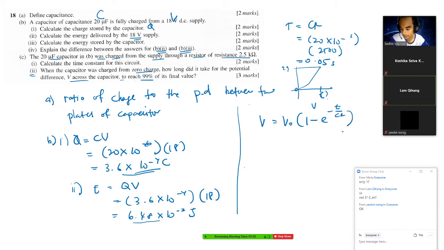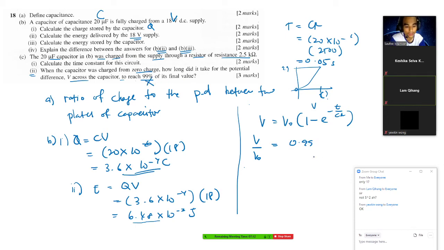This is the general equation for charging, right? So V divided by V naught should be 0.99, because it says 99% of its final value.